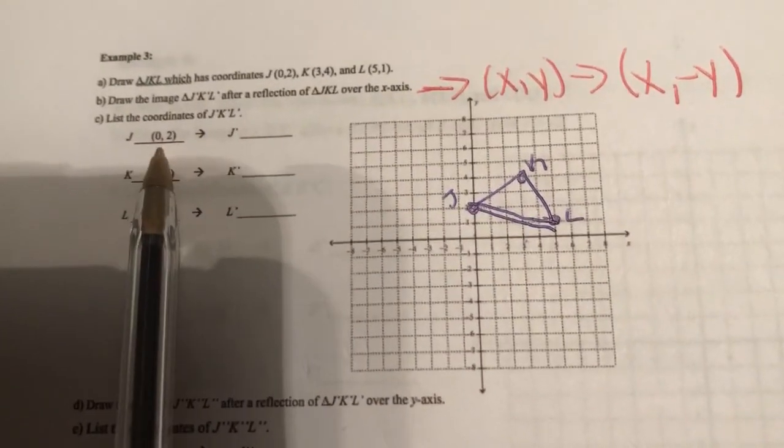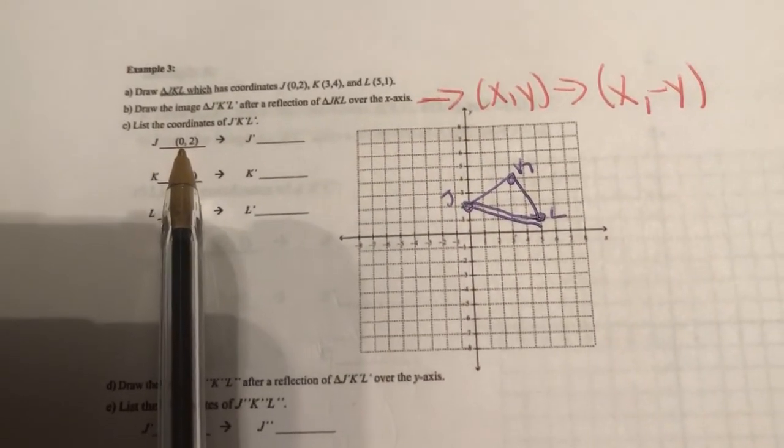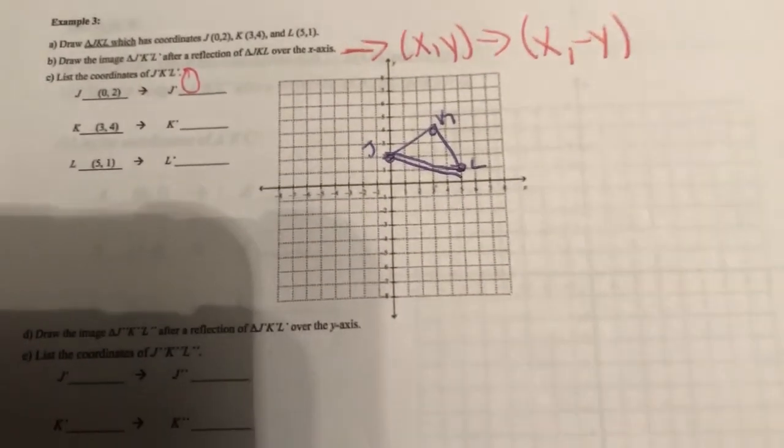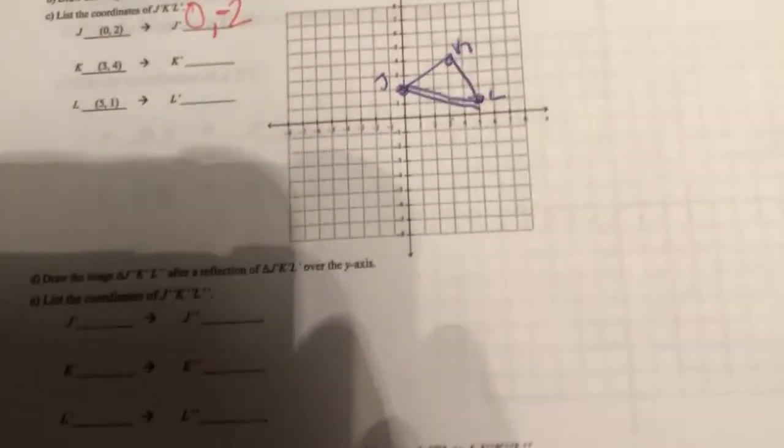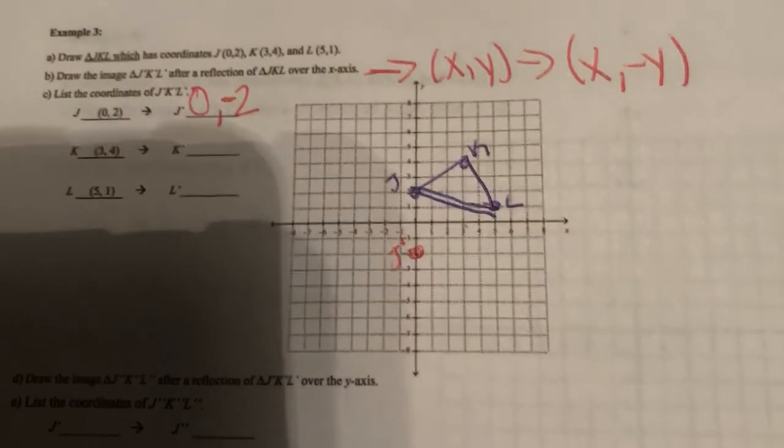So I'm going to look over here at my original points. My x is going to stay the same, which is 0. The opposite of 2 is negative 2. So I have 0, negative 2, which is J prime. All right?